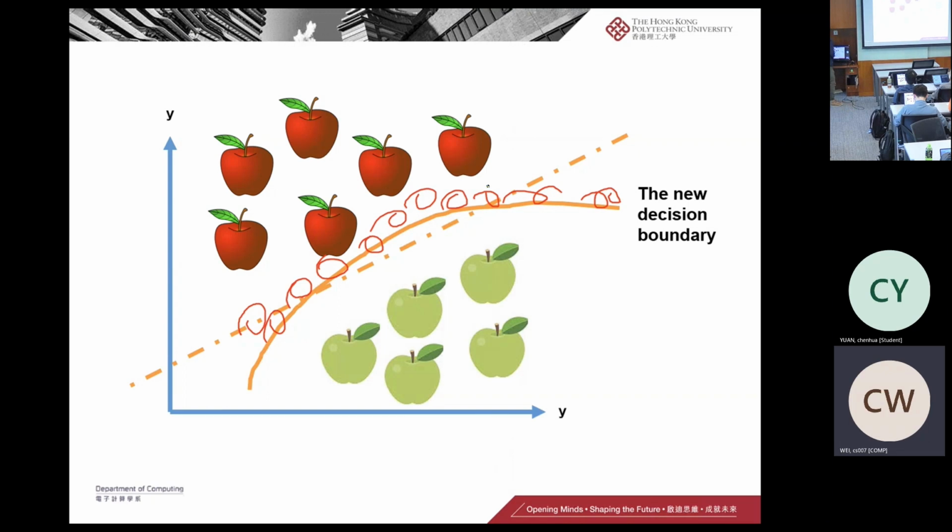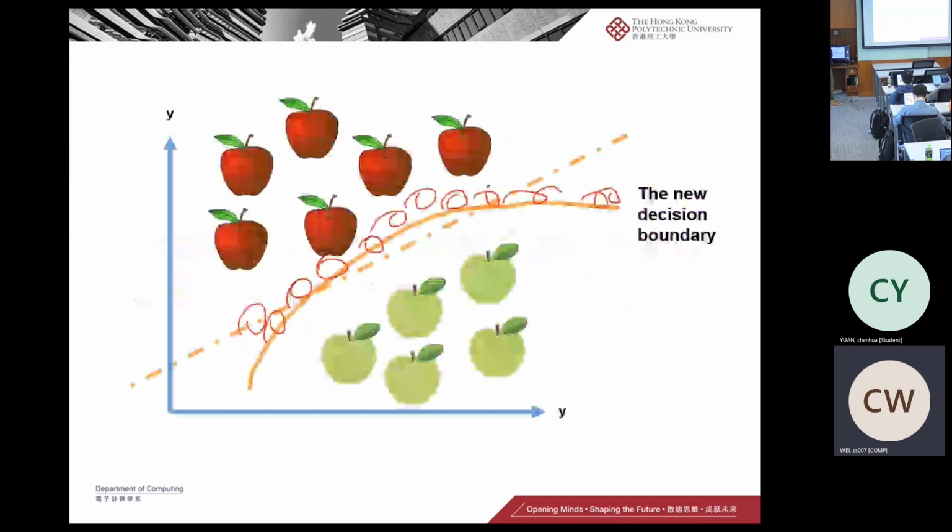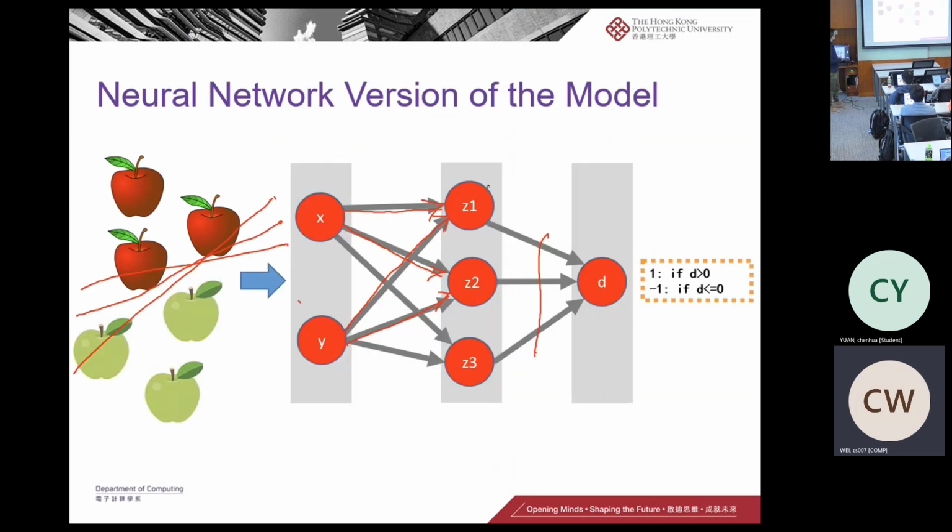okay, but I hope from here you're really seeing the advantage of using neural networks. We haven't seen the advantage. We haven't talked about the advantage.